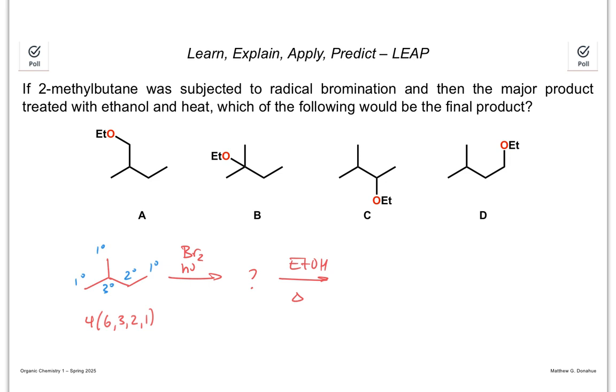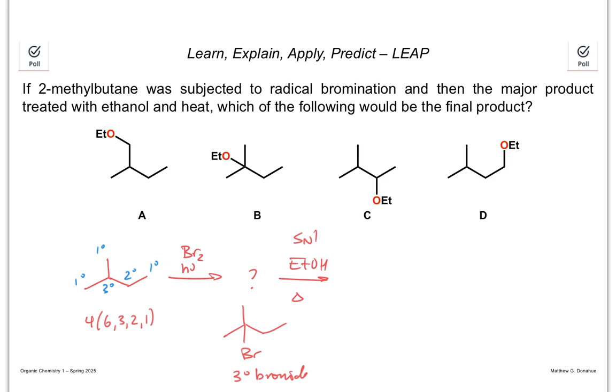Tertiary. So that tertiary hydrogen gets substituted. Bromine is selective for tertiary. We now have a tertiary bromide.